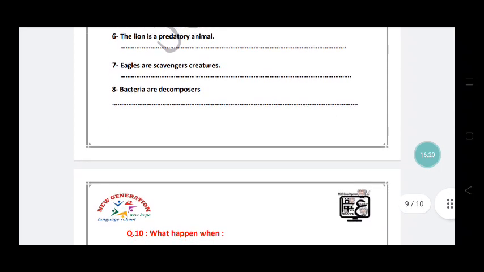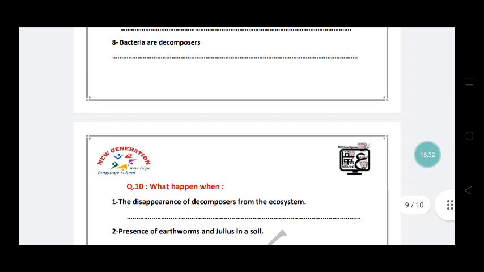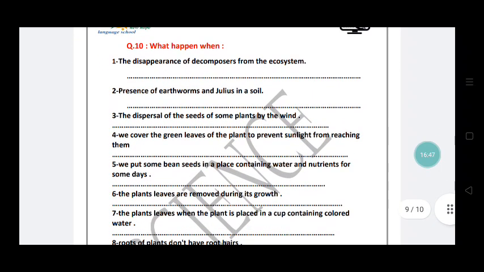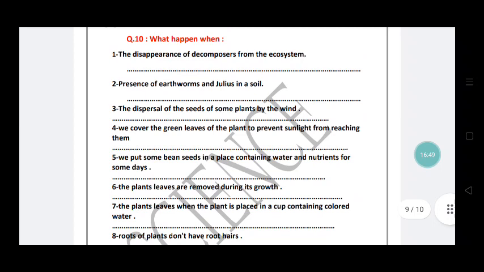Okay, the lion is a predatory animal because the lion eats other animals. Okay, eagles, skip this question. Bacteria are decomposers. Why? Give reason. Because bacteria decompose dead organisms or feed on dead organisms. Okay. What happens when decomposers disappear from the ecosystem?